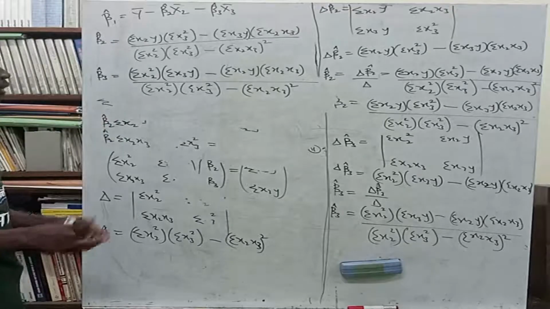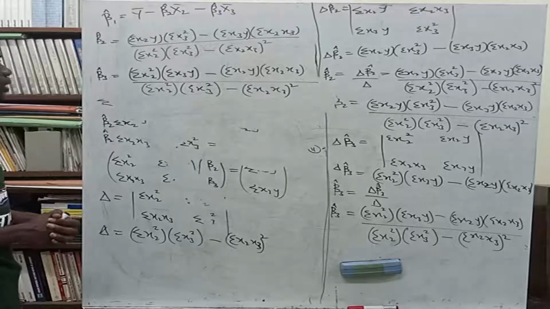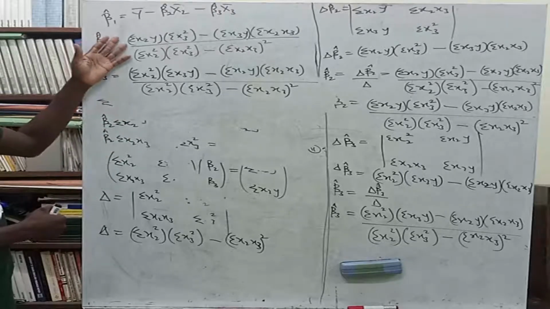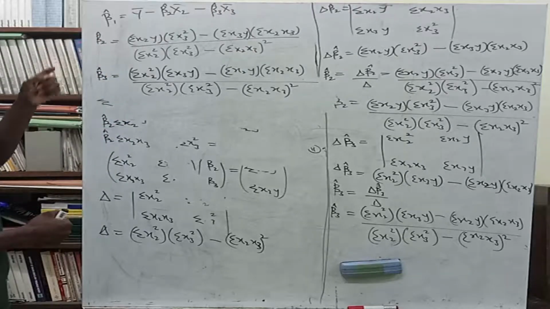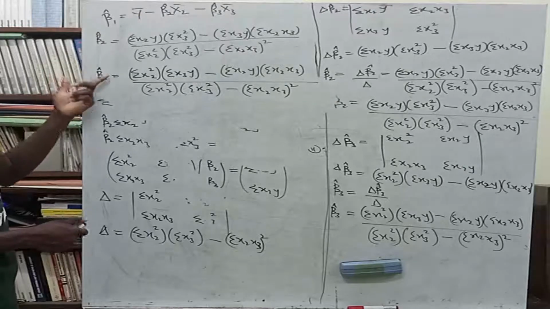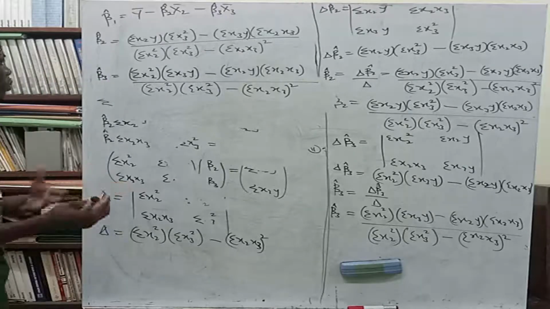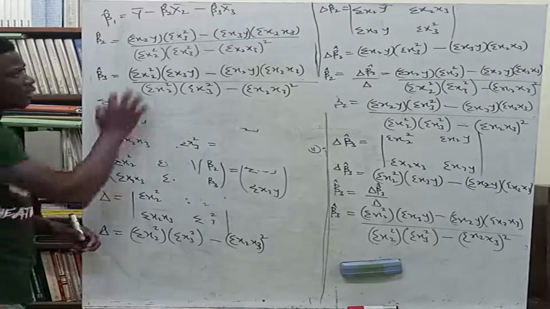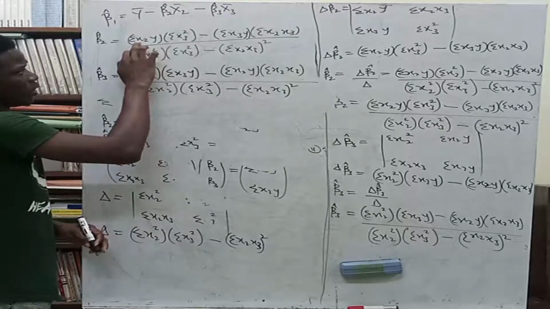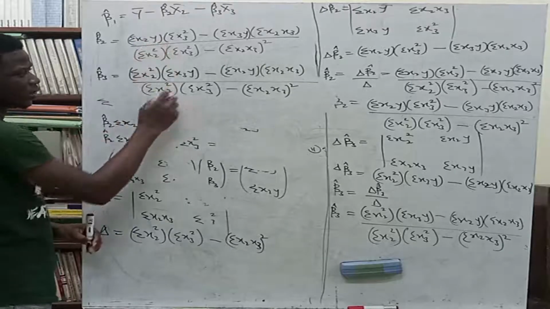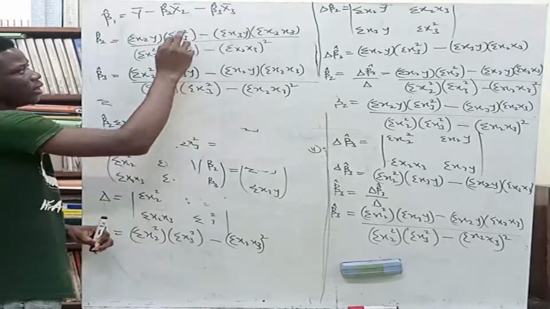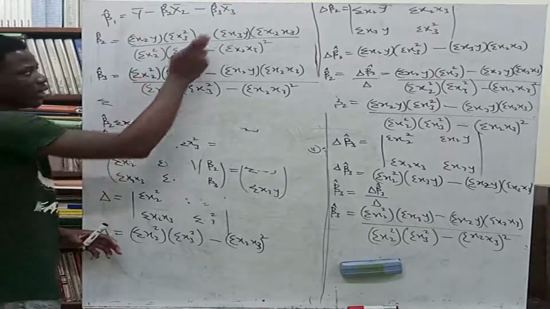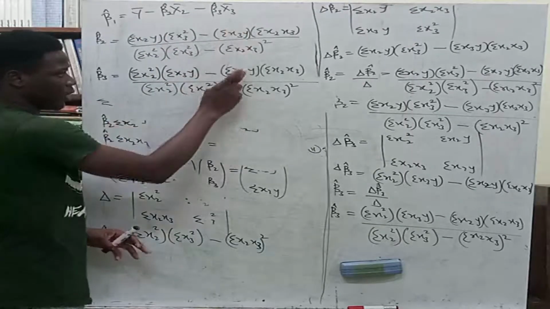So I would like to make a few comments on this. The first thing I would like to say is that for the two estimators, beta 2 and beta 3, you can interchange their formulas. What do I mean by that? You observe that we have x2y here, then in the case of this, we have x3y. Here we have x3 squared, there we have x2 squared. We have x3y here, we have x2y here.